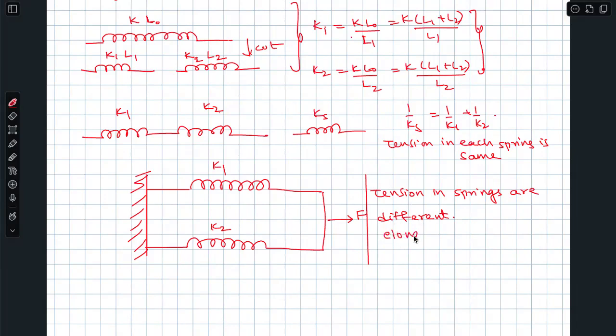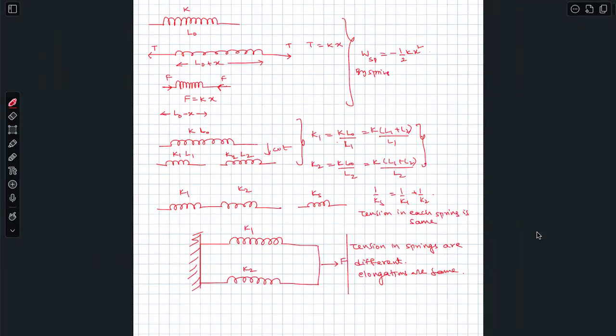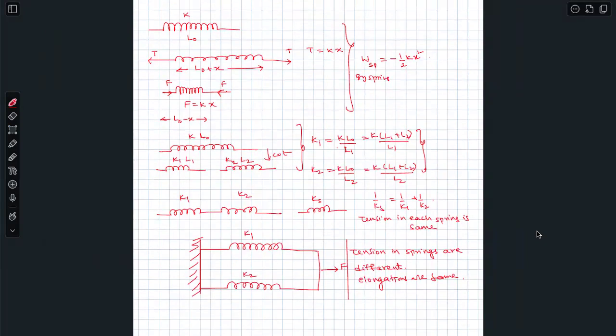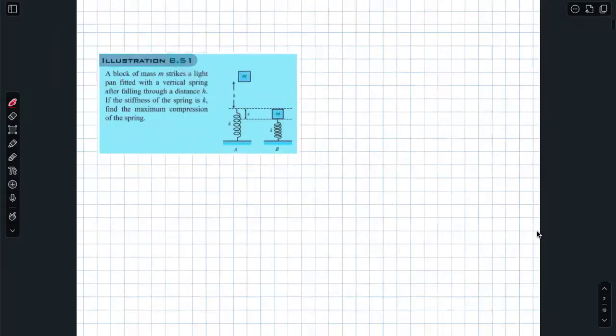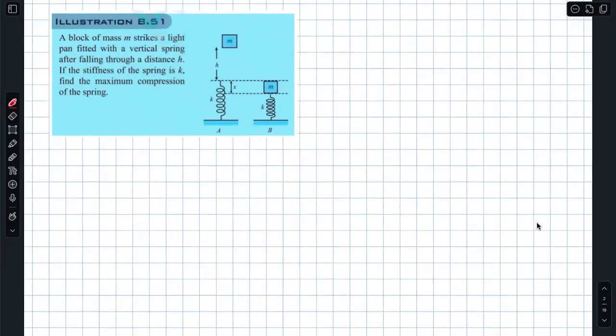Elongations are the same. So the entire week I will run with these fundamentals only. Entire week. Okay? Right.